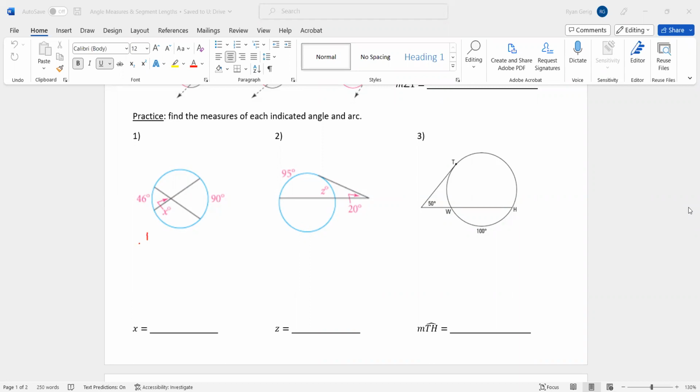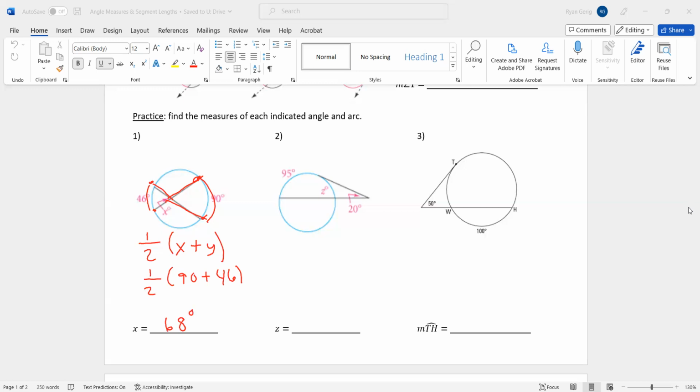So that would be 1/2 X plus Y. Let's figure out the intercepted arcs. Follow the lines to the circle. One intercepted arc is 90, plus the other intercepted arc, follow the other way, which is 46. 90 plus 46 is 136. Divide that by 2, and you get X equals 68 degrees.